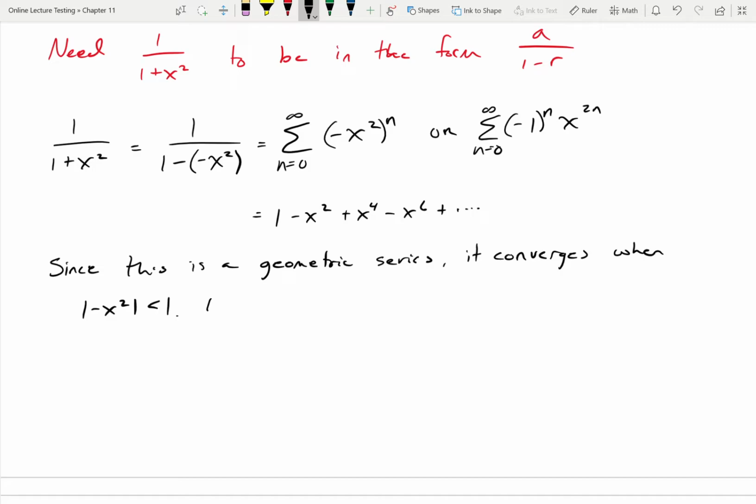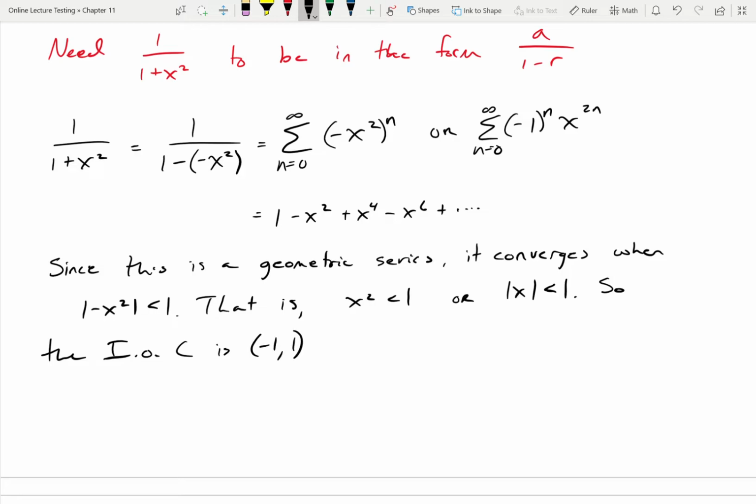That is to say, x squared is less than 1, or another way to state that is the absolute value of x is less than 1. All right, so the interval of convergence, which we talked about in 11.8, is negative 1 to 1.